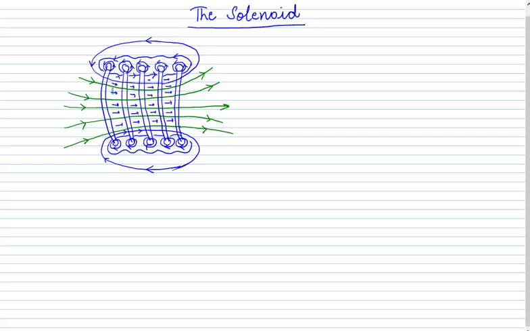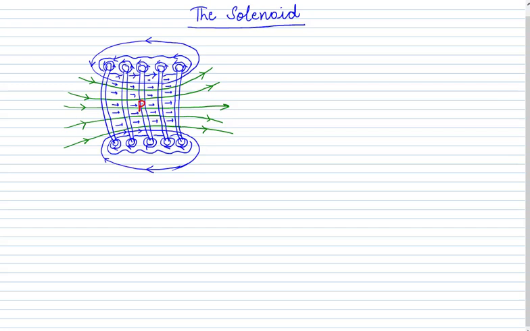So the magnetic field will only be in the interior of the solenoid we have shown. Let us take any interior point. Let us say P is any interior point inside the solenoid.